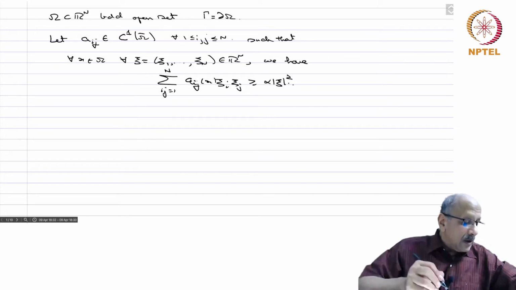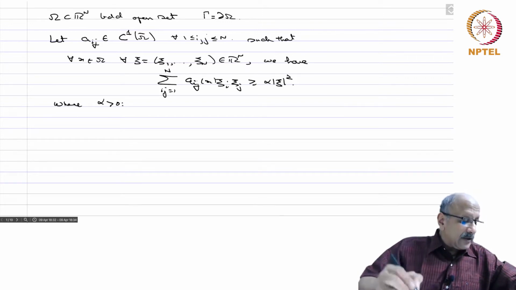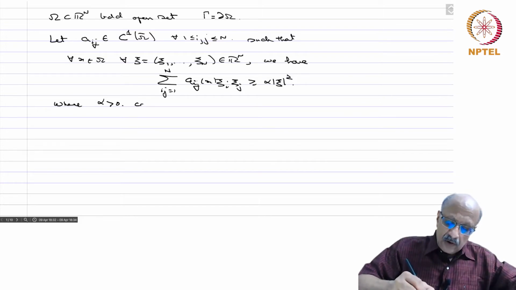Okay, and where alpha is strictly greater than 0, is a constant independent of x and xi.